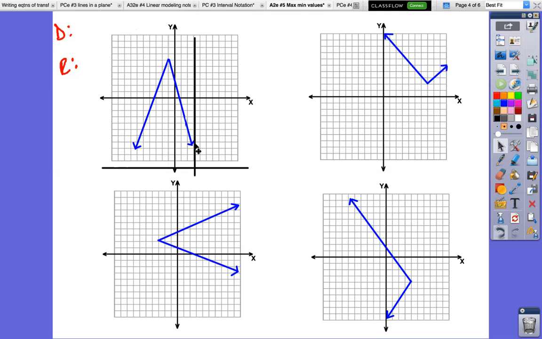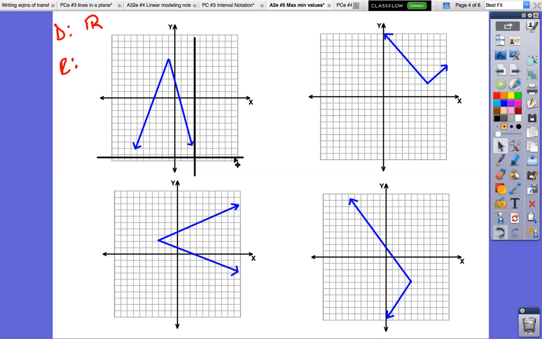My domain is still all real numbers. But my range is a little bit different. As soon as I hit, I see arrows. So that means it goes on forever on both sides.